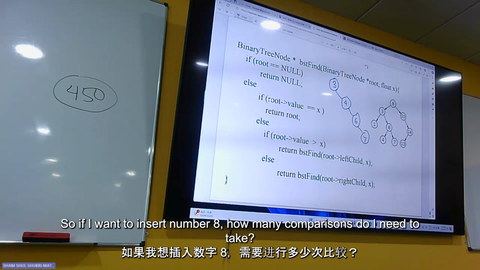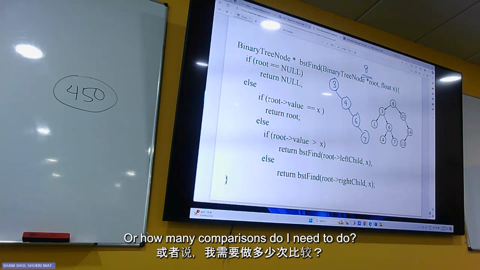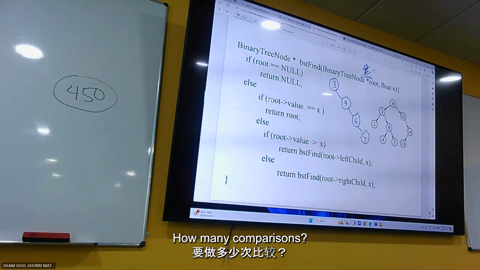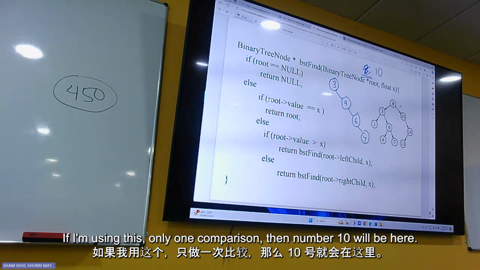So if I want to insert number 8, how many comparisons do I need to do? Not number 8, let's say number 10. How many comparisons? If I'm using this, only one comparison, then number 10 will be here.